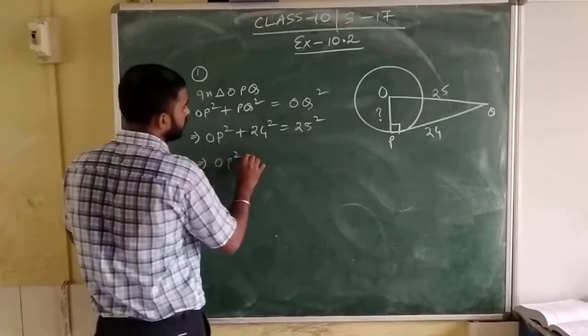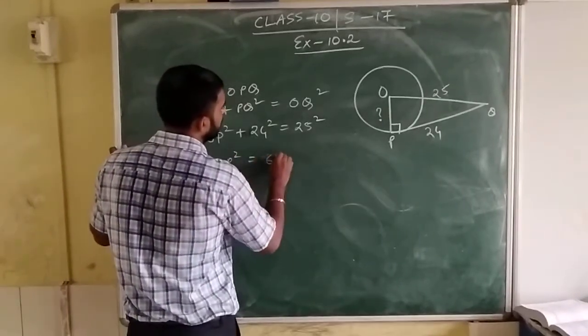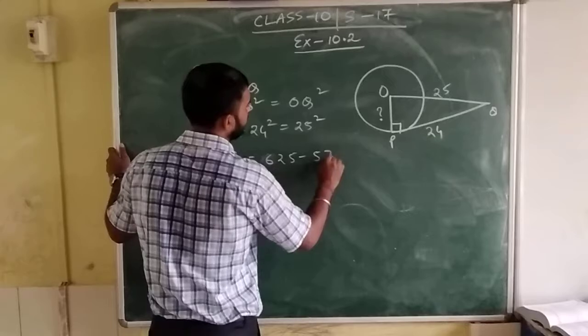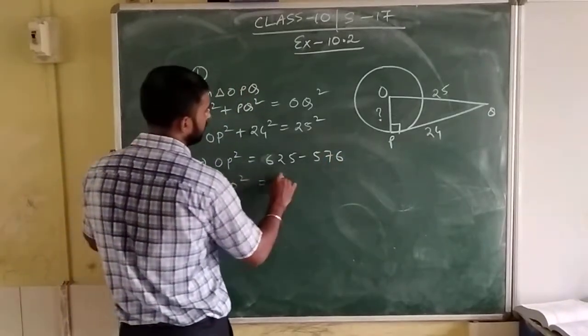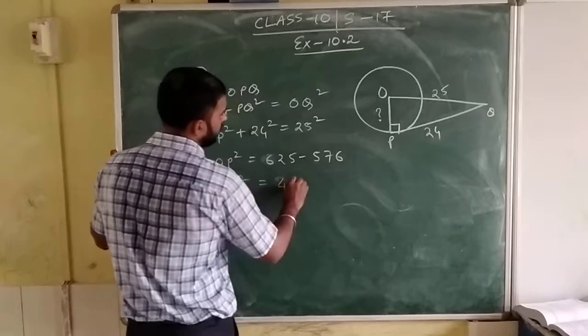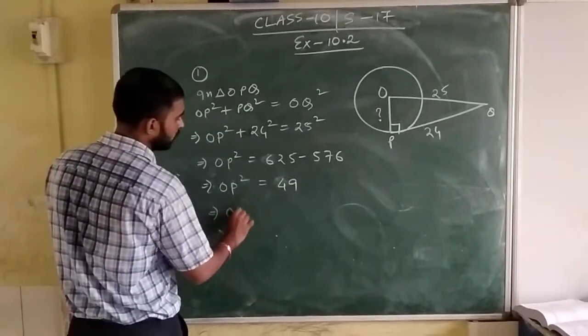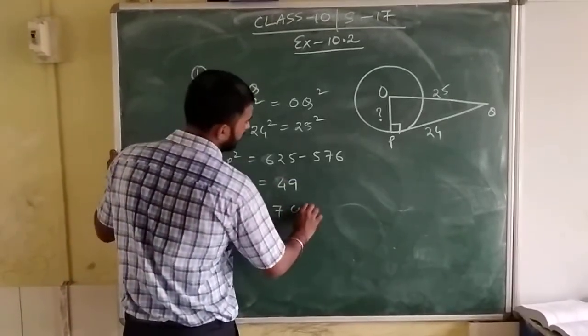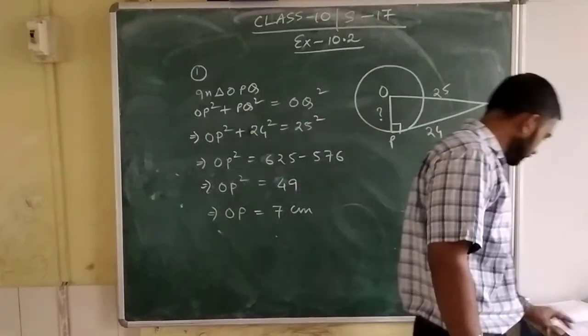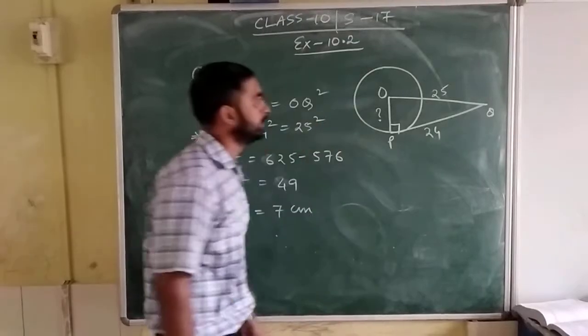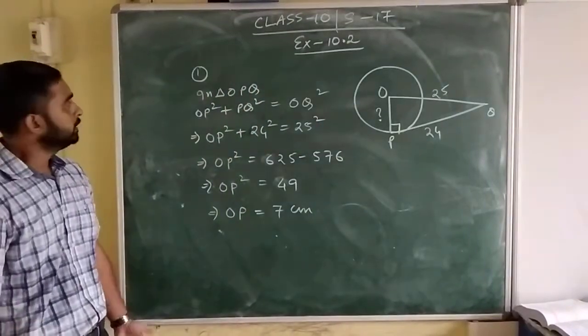So OP squared equals 625 minus 576. So OP squared equals 49. So what is OP? OP equals 7 centimeters. Yes, simple.